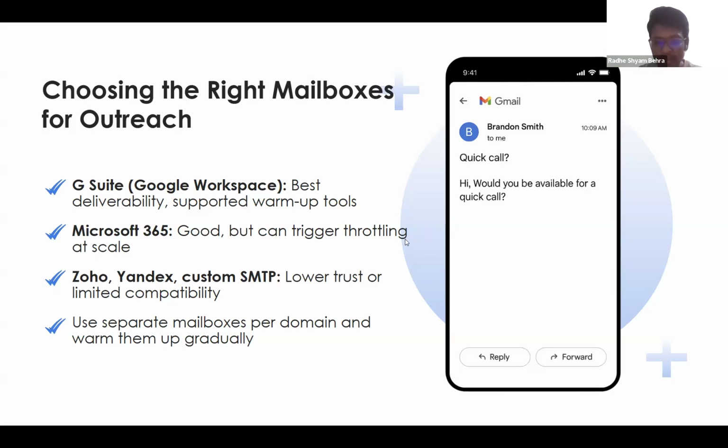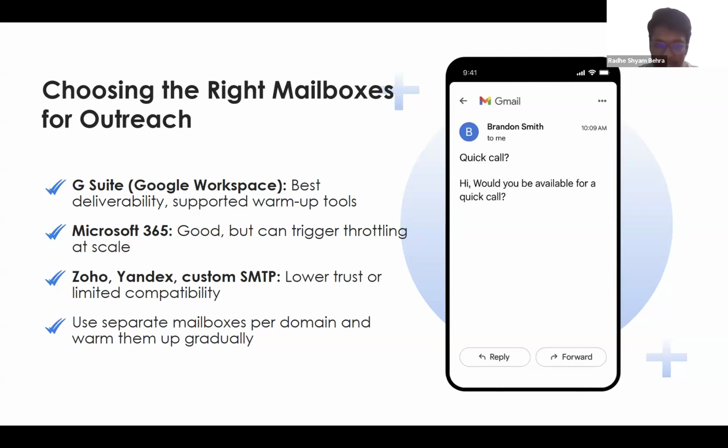Also, to add to this, if you are sending cold email campaigns and you want to add more mailboxes, like you have 15 mailboxes but now you need 20, instead of adding more mailboxes to the existing domains, you might just go ahead and purchase a couple more domains and add the mailboxes there. It will give you more flexibility in terms of building domain reputation and sender reputation for each particular domain.